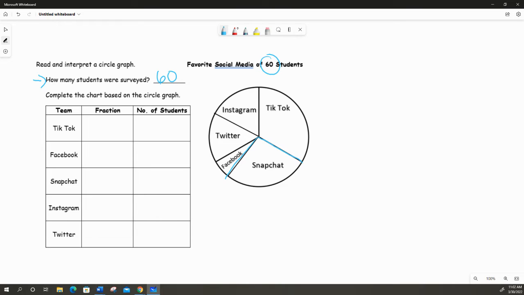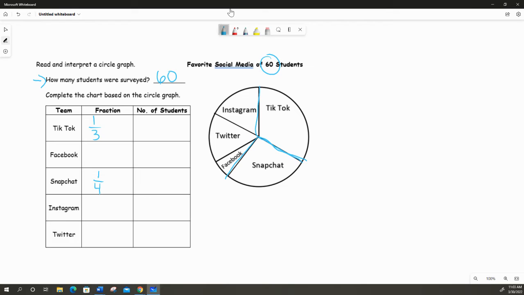So a quarter of the students like Snapchat. That's one of our benchmarks. So for Snapchat, for the fraction, I'm going to put 1/4. Then I also see another benchmark. I see TikTok, and TikTok is represented by a third of that graph. So for TikTok, I'm going to put 1/3.